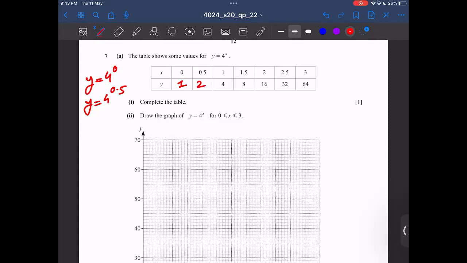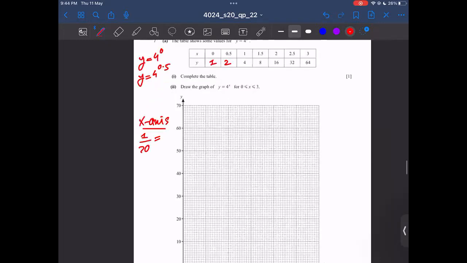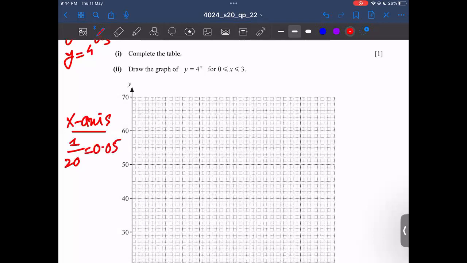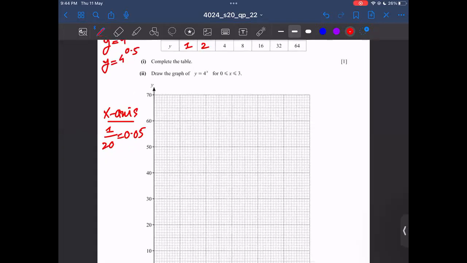Draw the graph. They have already given the scale over here. For the x-axis, you can see the difference of 1 unit makes 20 boxes. So 1 divided by 20 is basically equal to 0.05. Each tiny small box is equal to 0.05. In the y-axis, we have a difference of 10 after every 10 boxes.